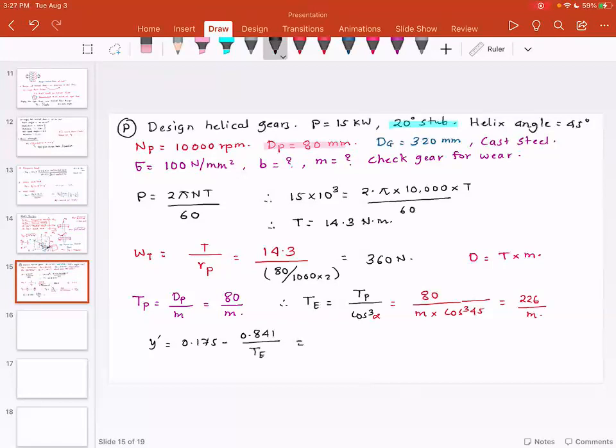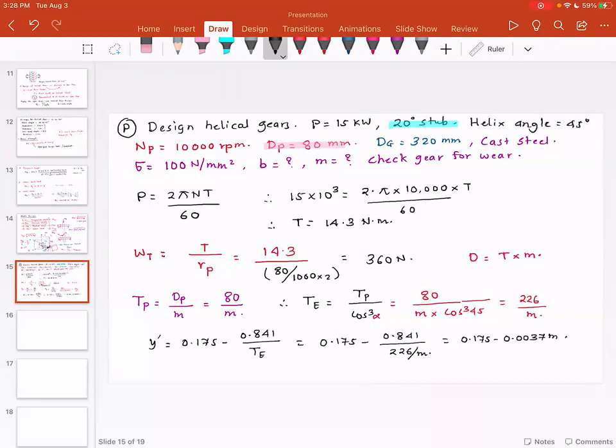That is 0.175 minus 0.841 divided by TE, where TE is 226 M. And this equation comes down to 0.175 minus 0.0037 M.